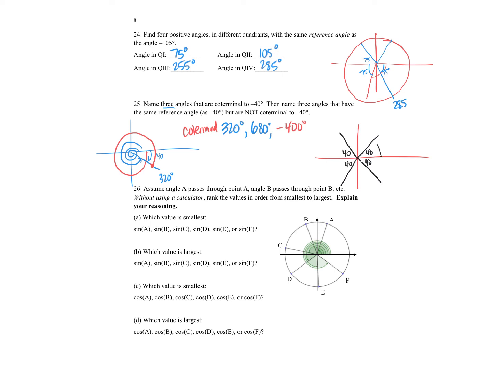So this angle here, which is 40 degrees, this angle here, which is 180 minus 40, which is 140, and this angle here, which is 180 plus 40, which is 220. So 40 degrees, 140, and 220 have the same reference angle.